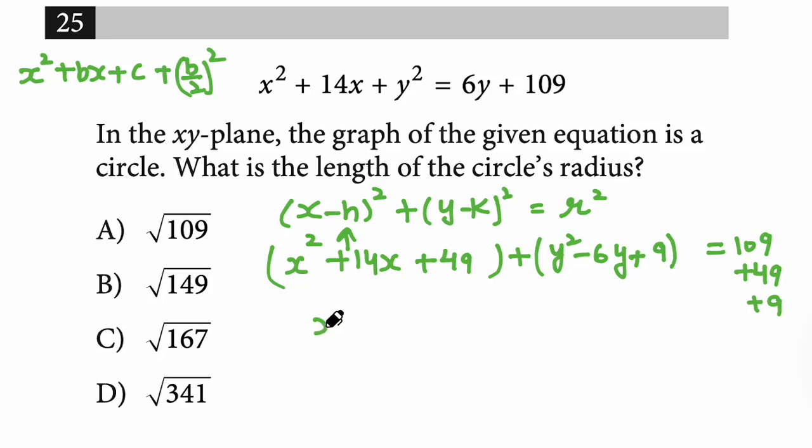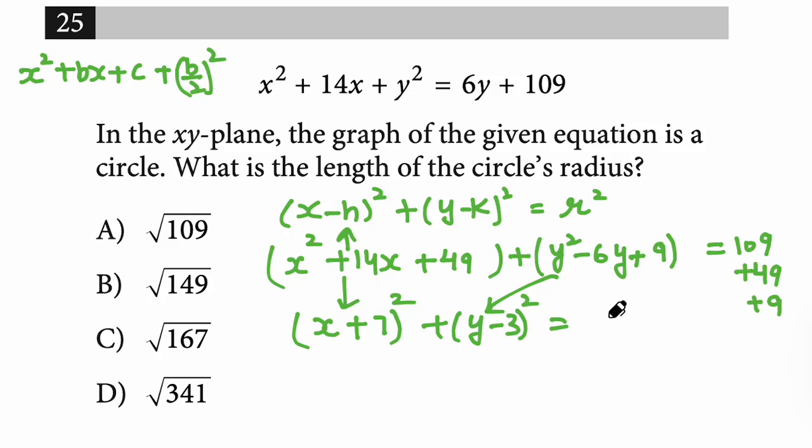It affects the middle sign: x plus 7 whole squared. If you are feeling difficulty in completing the square, you can just comment to me. I'll make it as a concept video and share it. So that will be y minus 3 whole squared. This positive and negative sign is affecting here. So that is equal to 167.